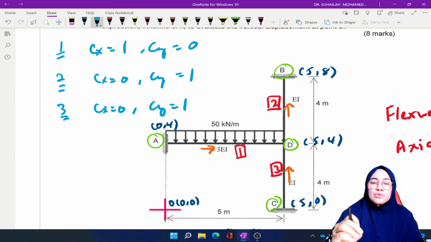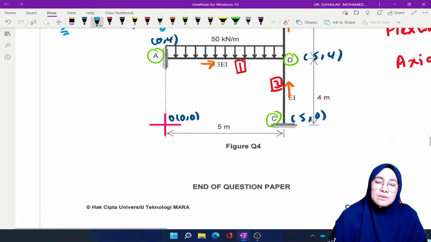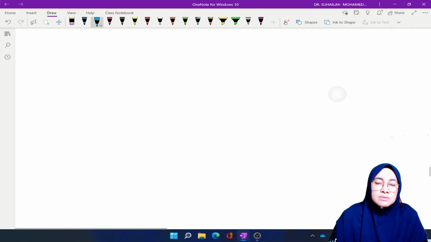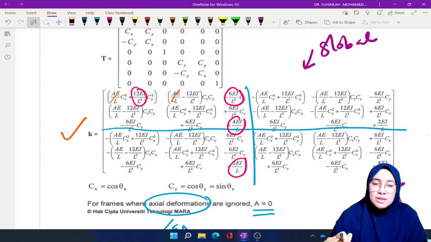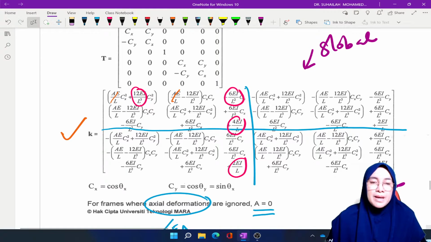So we will substitute these values, Cx and Cy, into the formula, and we can have this matrix. For example, 12 EI over L cube.